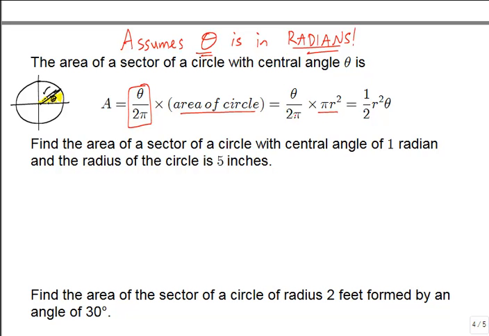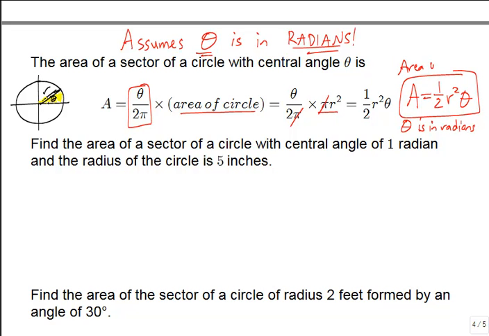So if we multiply theta over 2 pi times pi r squared, the pi's cancel, and we're left with 1/2 r squared theta. So A, the area, equals 1/2 r squared theta, and again this assumes that theta is in radians. So this is for the area of a sector, a little wedge of pie from our circle.